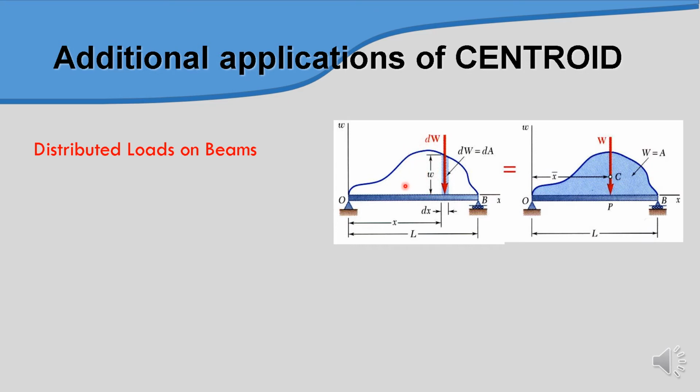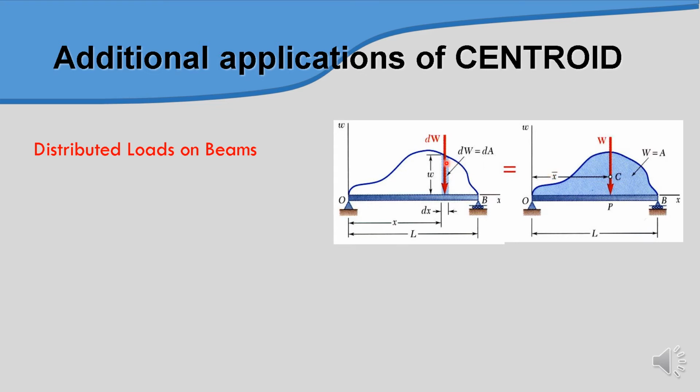From there we need to apply the centroid to get the concentrated load, whereby the concentrated load is located at a certain location, which in this case is x. For the W, it doesn't matter which place here. For the X, it is somewhere around here, whereby the value is X bar.